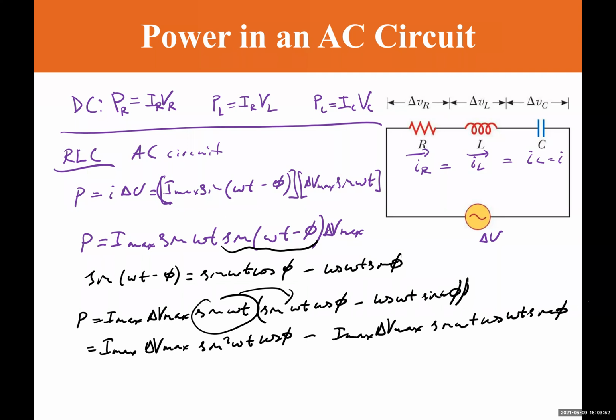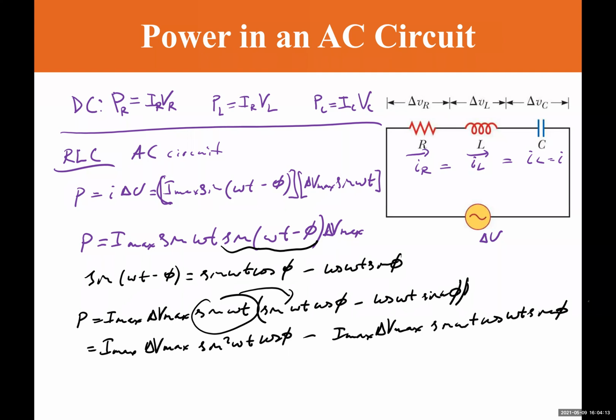Now, if we look at the time average of P over one or more cycles, we can see that I max, delta V max, phi, and omega are all going to be constant, assuming we're looking at one cycle, two cycles, three cycles, and so on. Those quantities will be basically constant.